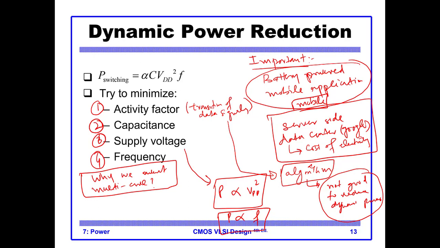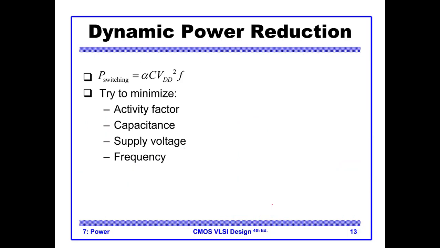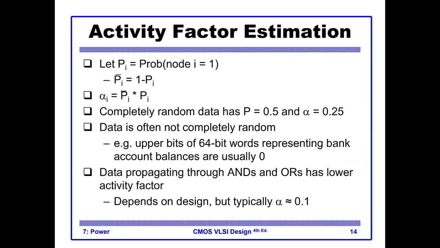The issue is that when you increase frequency, the switching increases and dynamic power consumption increases. So the solution was to go multi-core, to use multiple cores at a lower frequency rather than a single core with higher frequency. So power consumption is really driving the design of semiconductor industries these days.